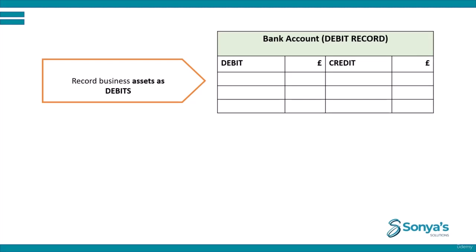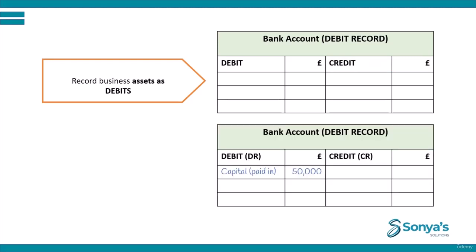You'll notice that the left half of the account is labelled debit, sometimes abbreviated DR, and the right side of the account is labelled credit, CR. Cash is a business asset. A business asset is always recorded on the debit side of the account.